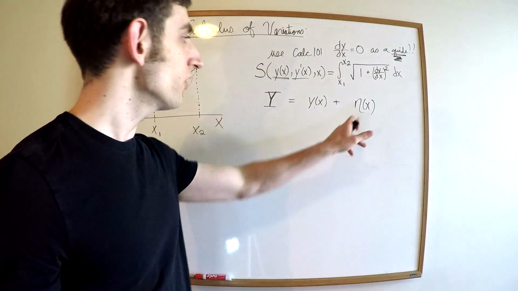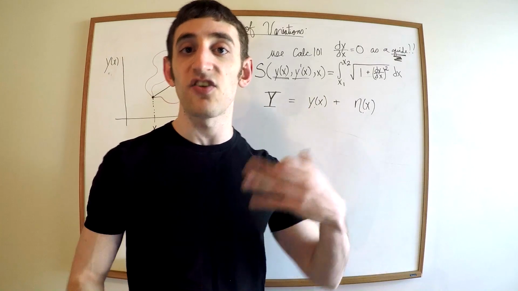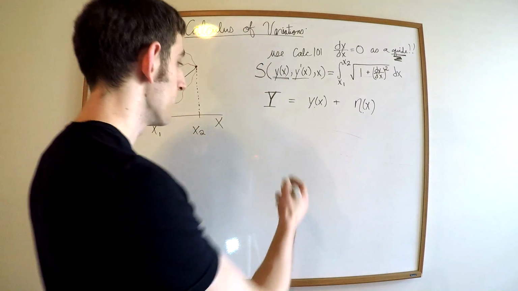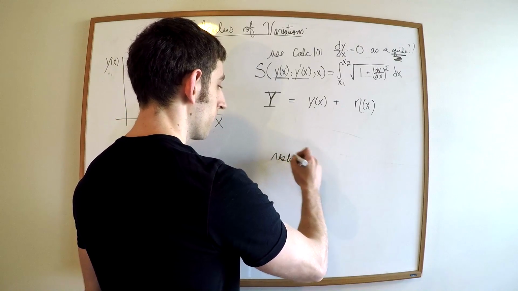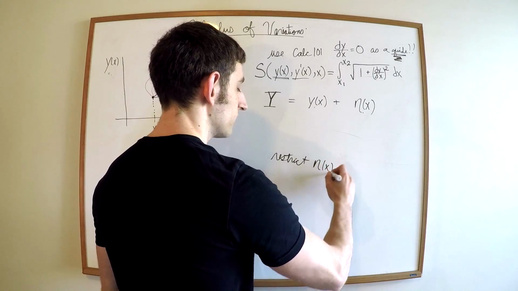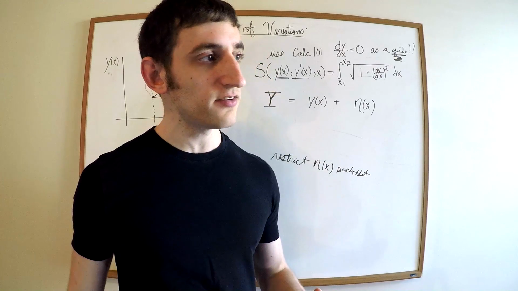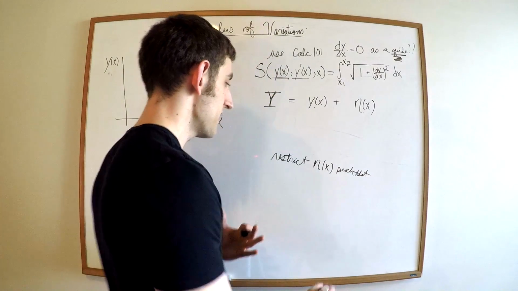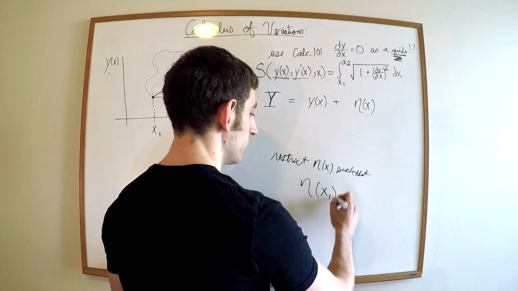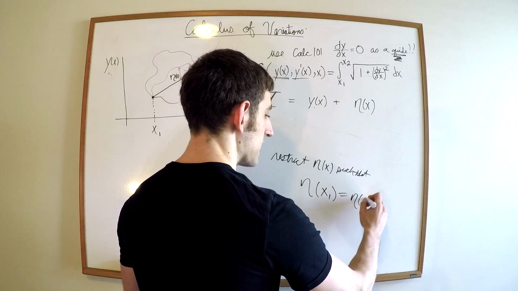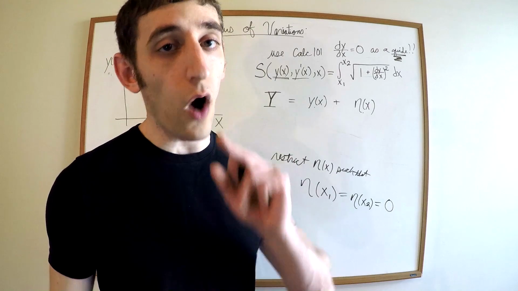So we're going to restrict eta sub x to be continuous and differentiable, and it also guarantees that eta x1 is equal to eta x2 is equal to 0. Why does it have to be 0?